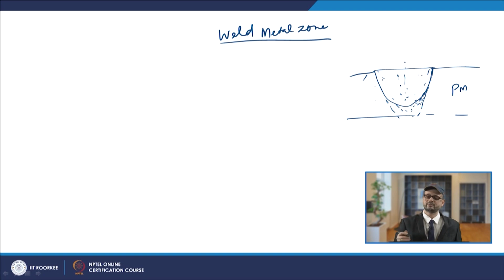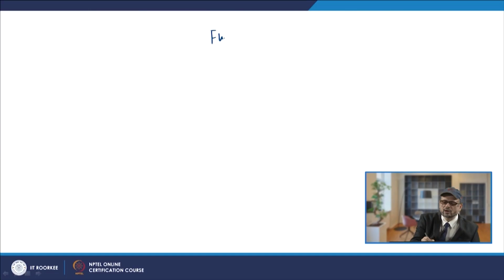So, that way this weld metal pool is defined. Then the next zone, which is adjacent to the weld metal zone, will be your fusion zone. We have seen in the figure that you have a zone adjacent to the weld metal zone, the fusion zone.